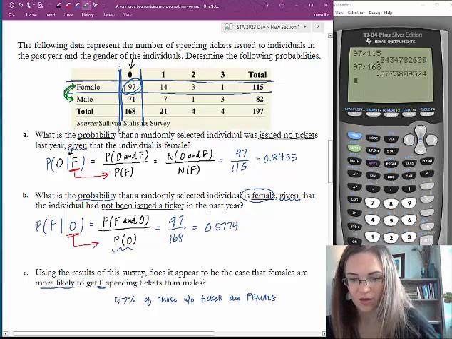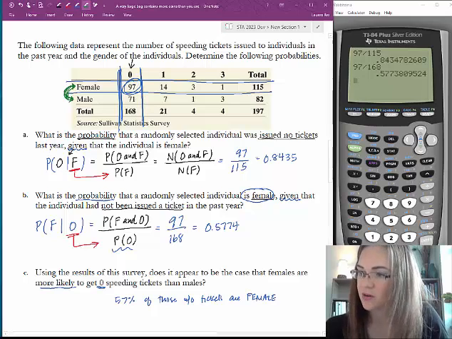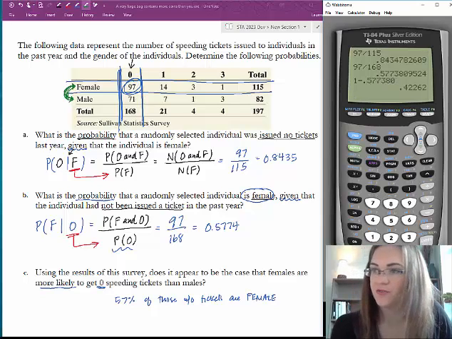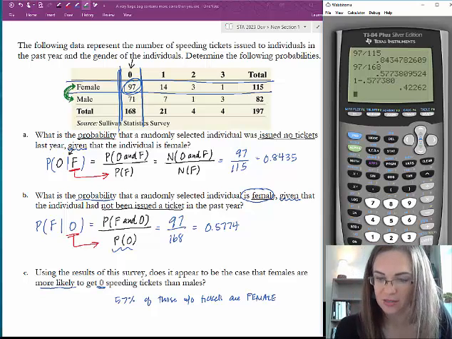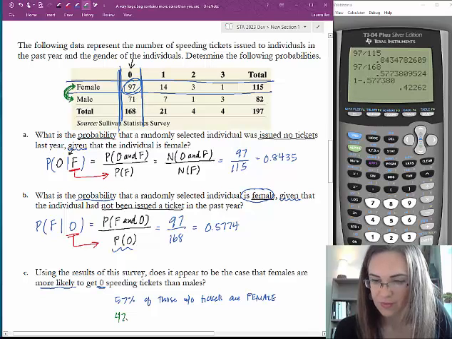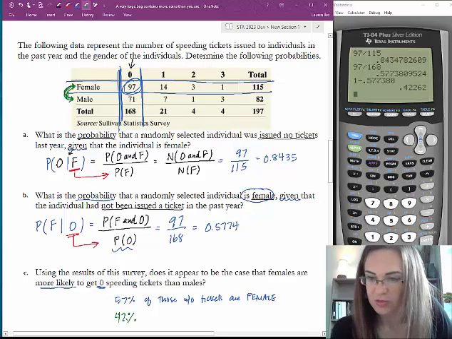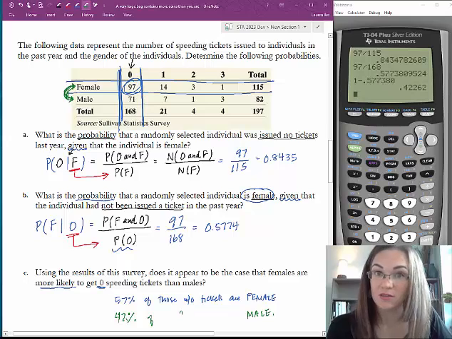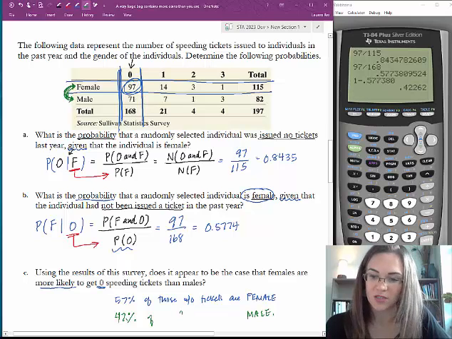Then the probability of those who are male was 1 minus 0.57, or 1 minus 0.5773809524, or 42.26%. 42% of those without tickets were male. So it does appear that in the 0 ticket category of those who don't receive any tickets, females are more likely.